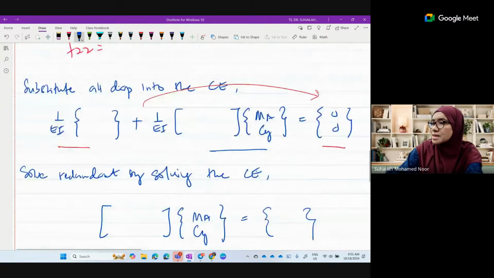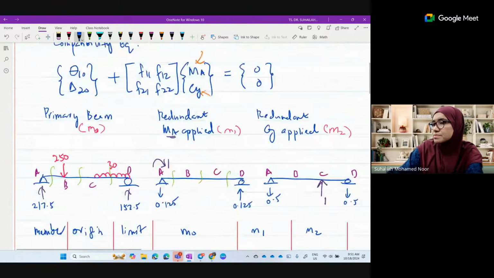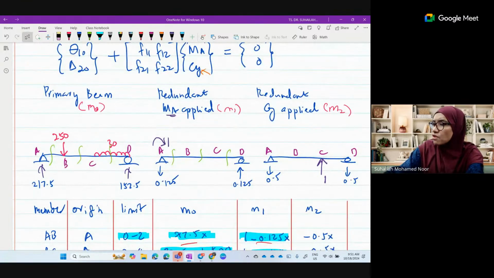Look back at the earlier diagram. This follows the principle of superposition, right?